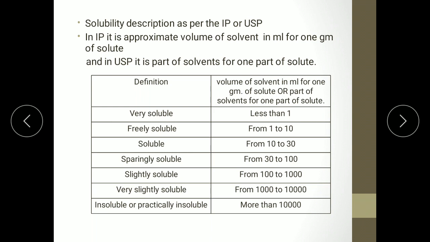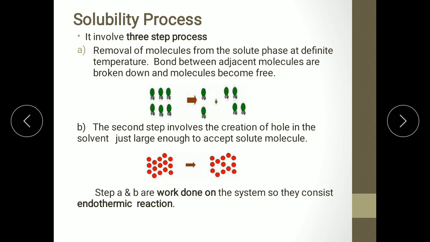Like that, 7 categories are there: very soluble, freely soluble, soluble, sparingly soluble, slightly soluble, very slightly soluble, or practically insoluble.